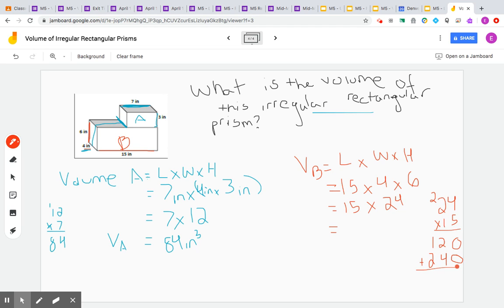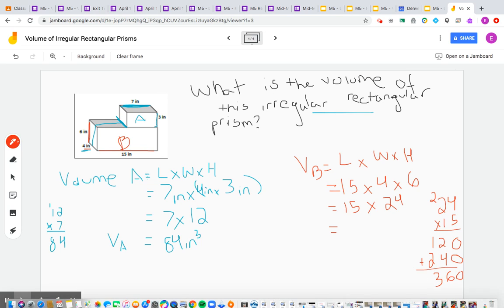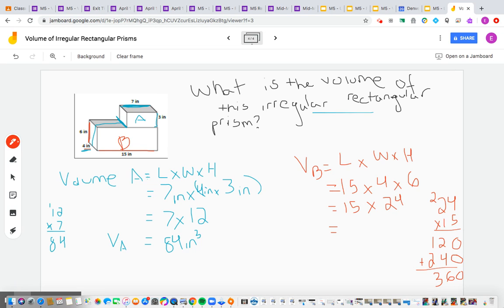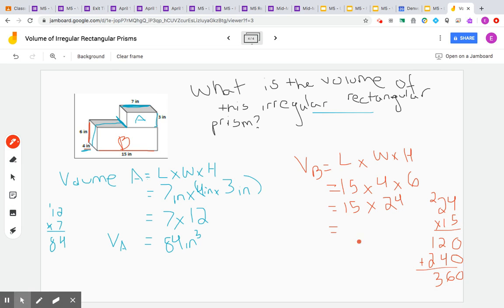And then I'm going to add together. 0, 6, 3. So when we multiplied 15 by 24, or 15 times 4 times 6, we got 360 cubic inches. But again, that's not the overall volume of the irregular prism. I have to find that by adding together both A and B.